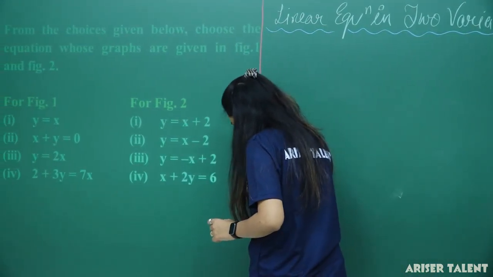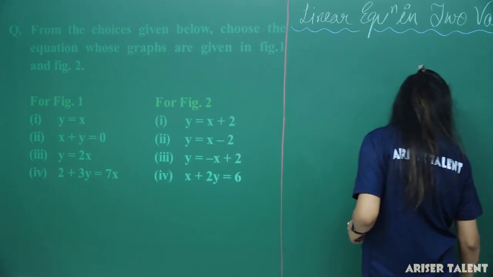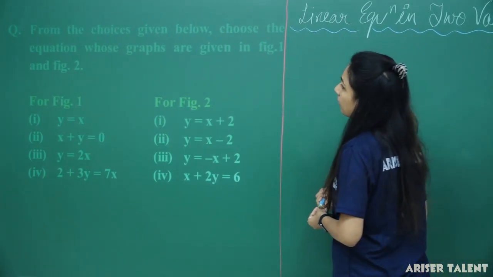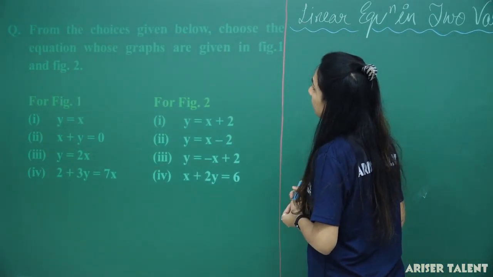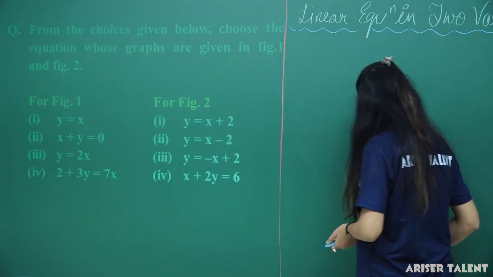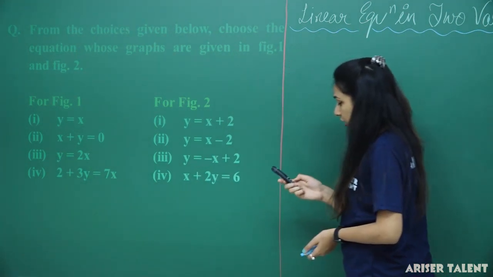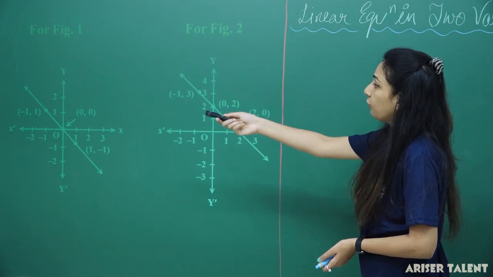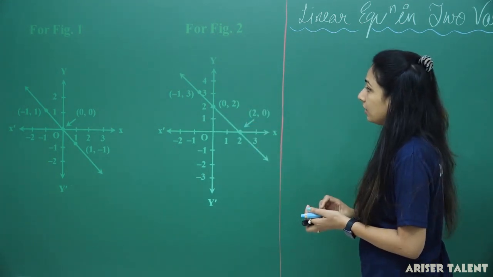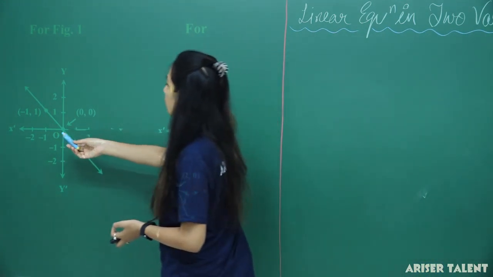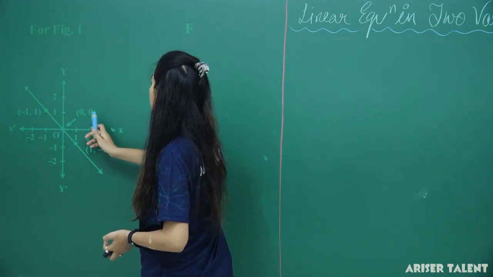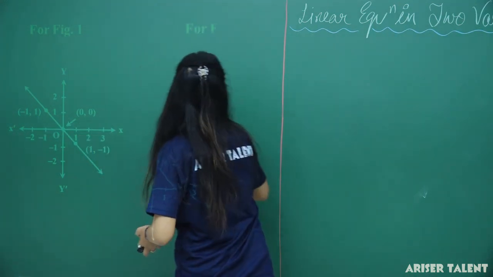Now, for the first part, we have points, not equations. For figure 1, we have these 3 points: minus 1, 1; 0, 0; and 1, minus 1.